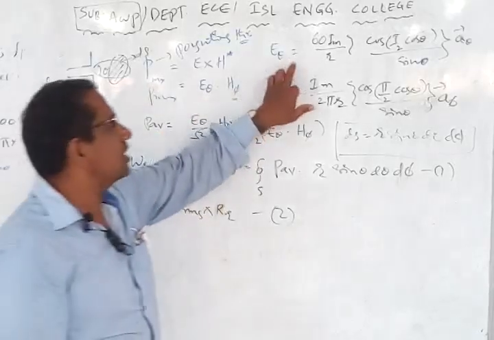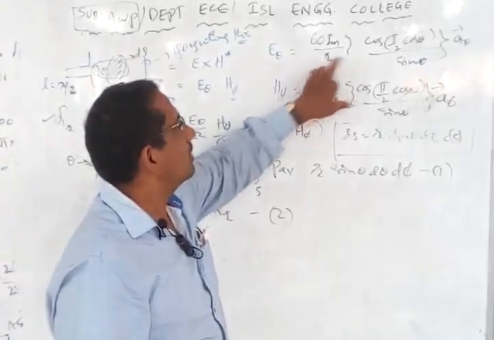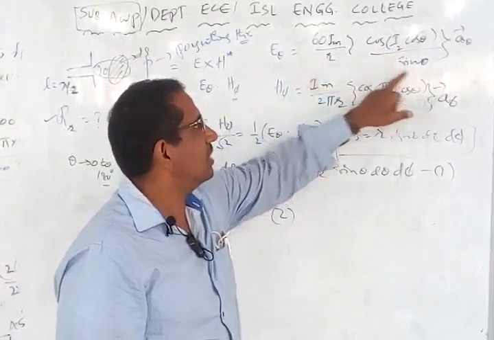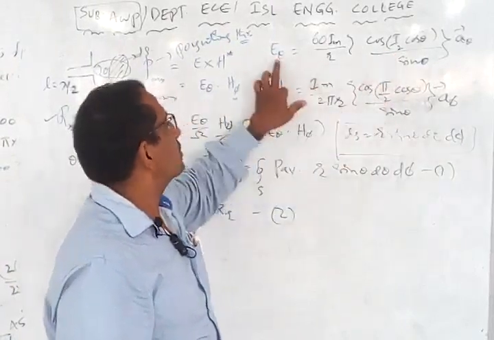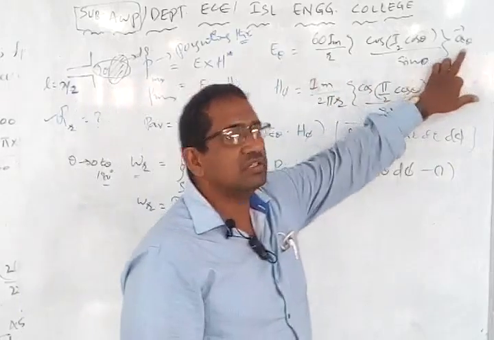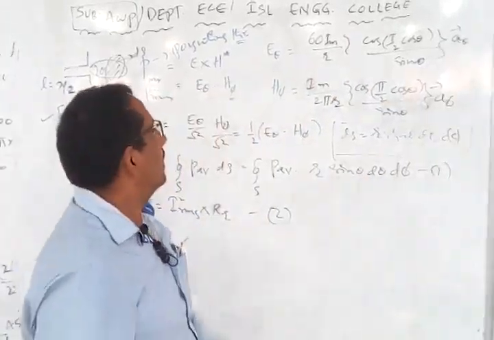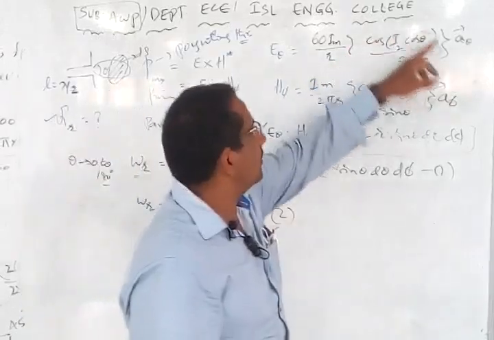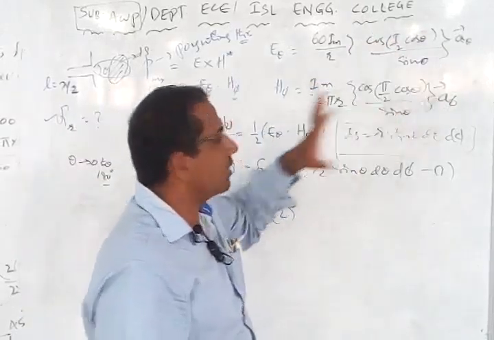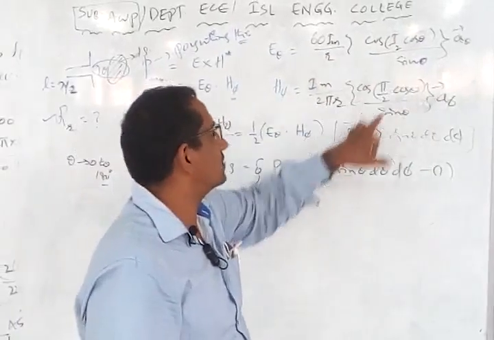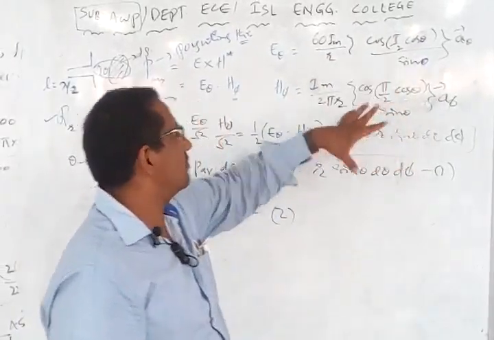Now the E theta formula is going to be 60 Im by R cos of pi by 2 cos theta, whole by sin theta. The direction of this electric field is theta, therefore I will write this with the unit vector A theta. Then for H phi, the numerator and denominator component remains the same, that is cos of pi by 2 cos theta by sin theta. This remains the same for both.